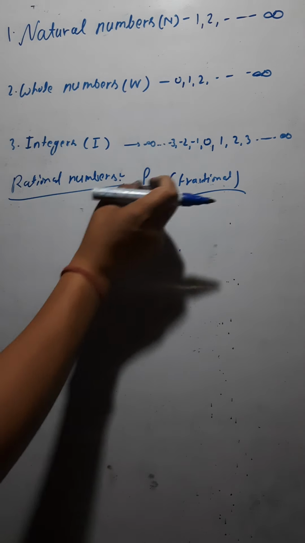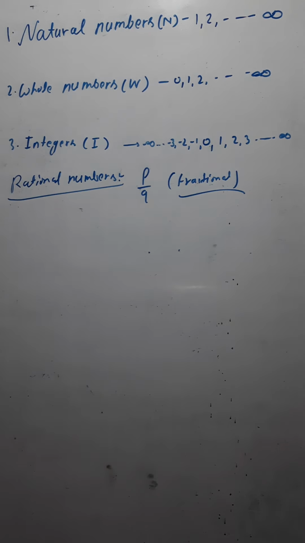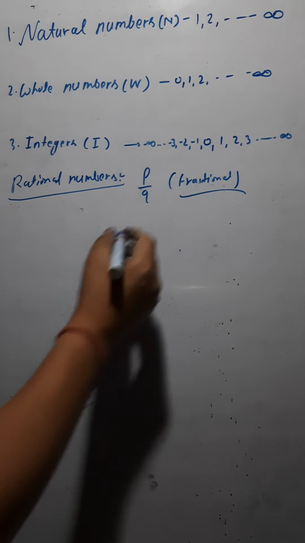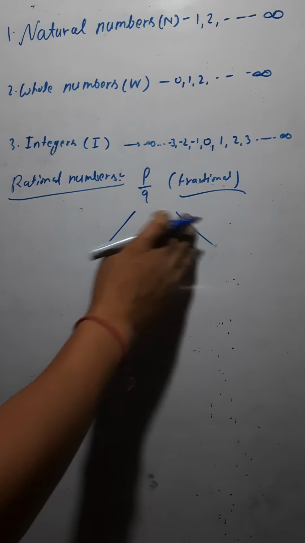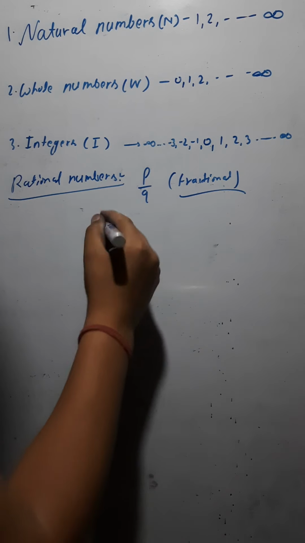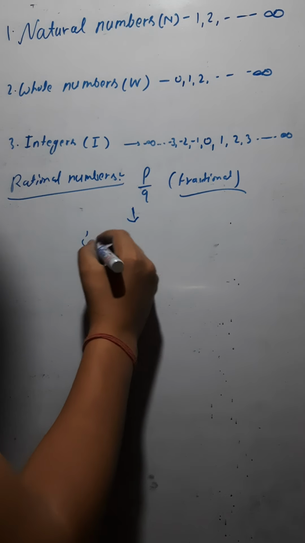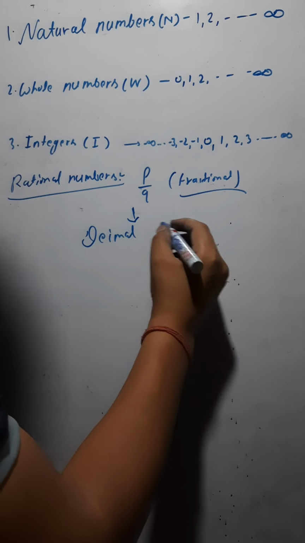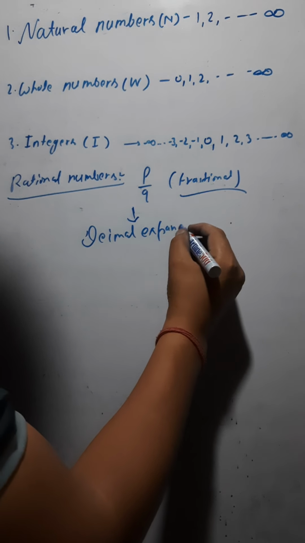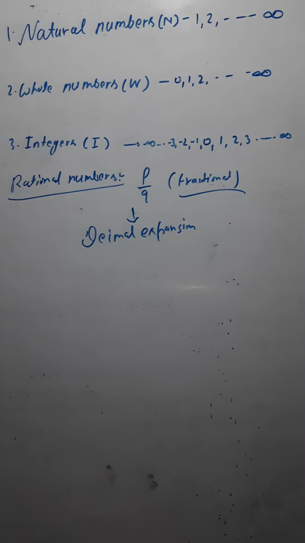And what would be the decimal expansion of a rational number? If you see, the decimal expansion of a rational number would be of two kinds. Before this, let me tell you the examples of rational numbers.